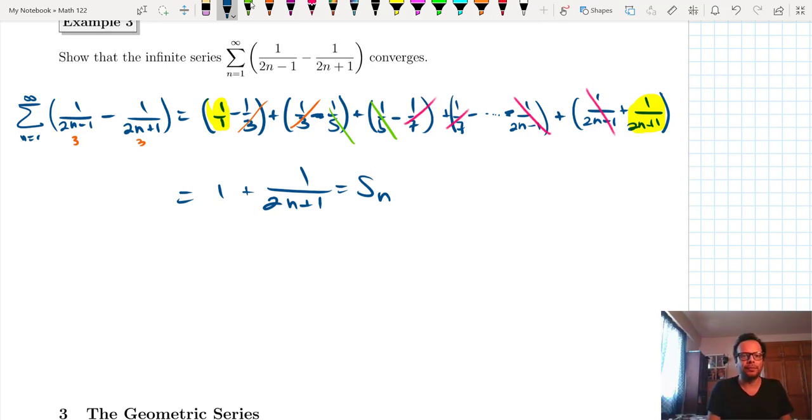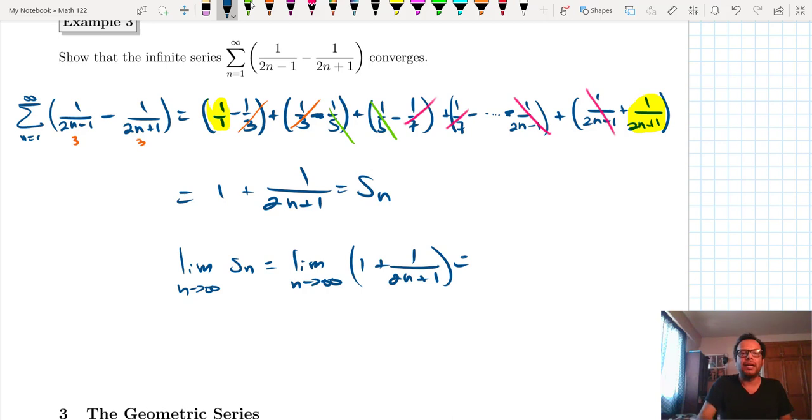Now the limit of Sn as n approaches infinity is the limit of the expression we obtained in the previous step, 1 minus 1 over 2n plus 1. And again, notice that if we plug in infinity in the denominator of the second term, that goes to 0. So the only term that survives is the number 1, which is the value that the series converges to, right? So it converges.